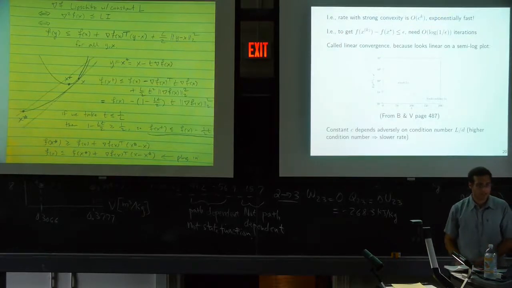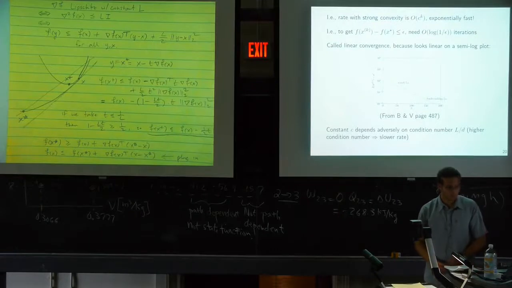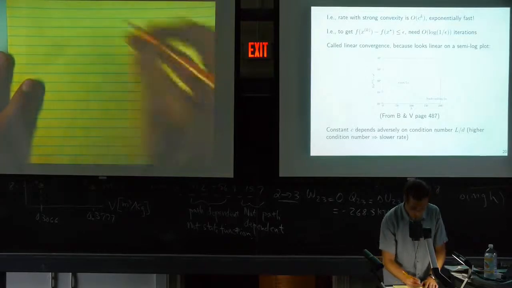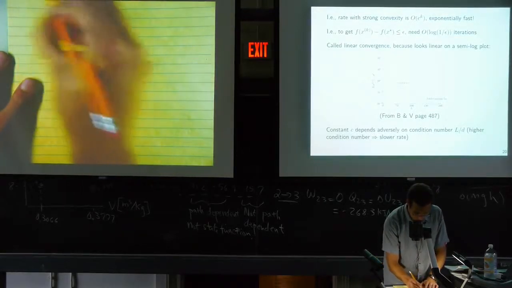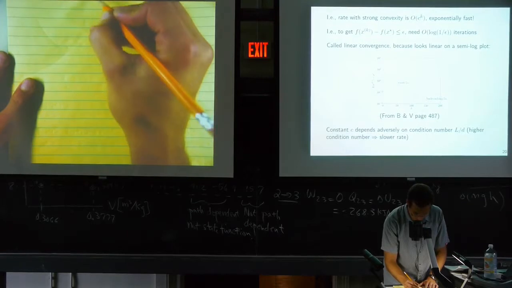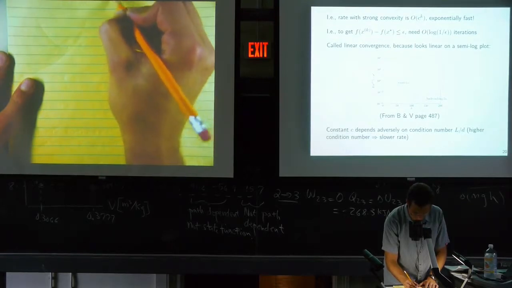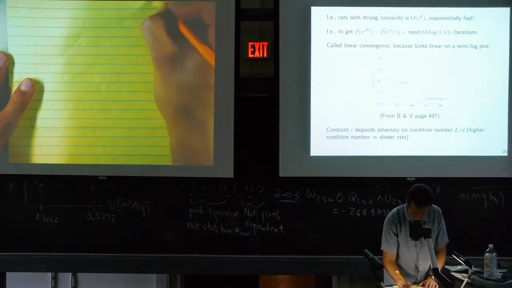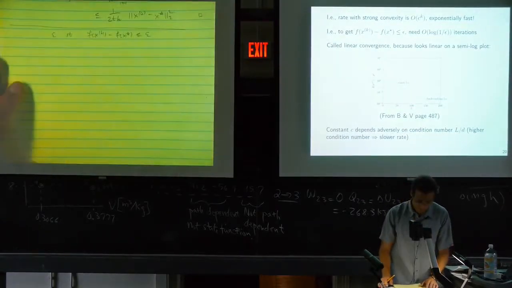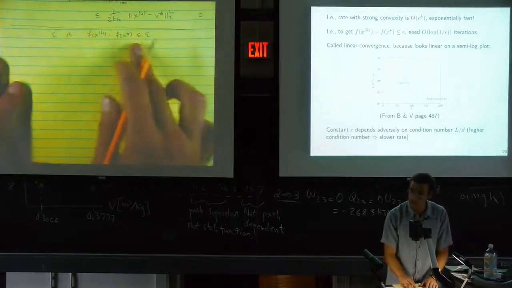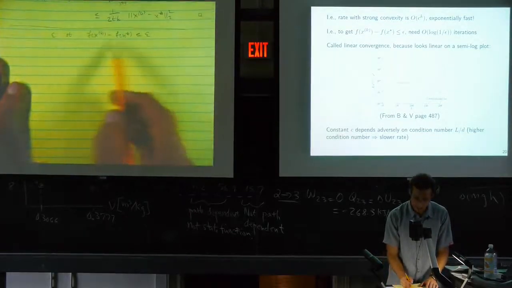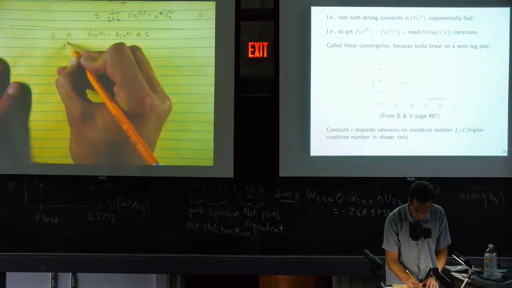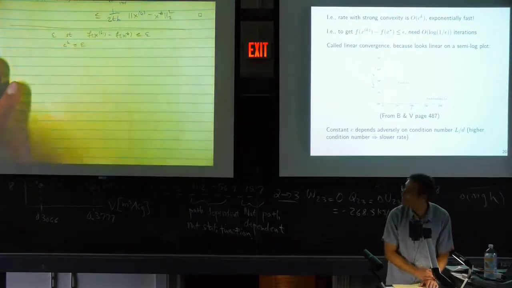So what are some important things to know here? Let's translate this into the epsilon world. If somebody told you that I want to have epsilon so that f of x_k minus f of x star is less than or equal to epsilon, then if I know that this is bounded by a constant times c to the k, all I have to do is choose c to the k so that it's equal to epsilon.